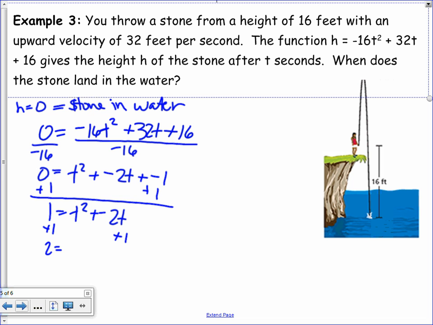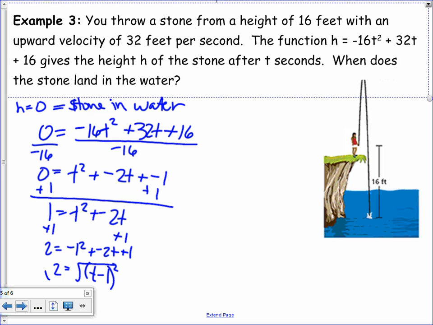So we have 2 equals t squared plus negative 2t plus 1. Now when we do that, we're factoring this out to (t minus 1) squared. So 2 equals (t minus 1) squared.